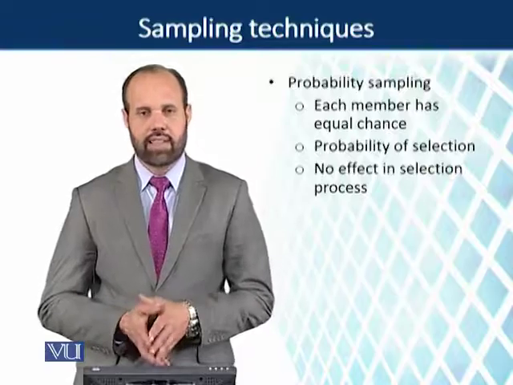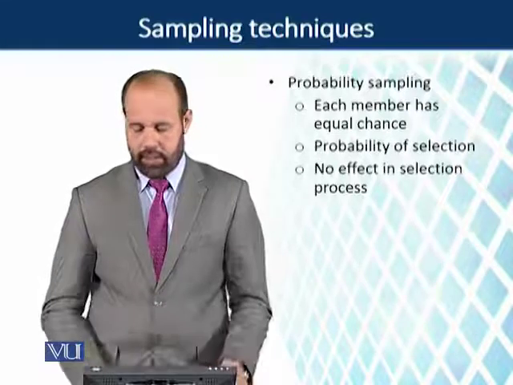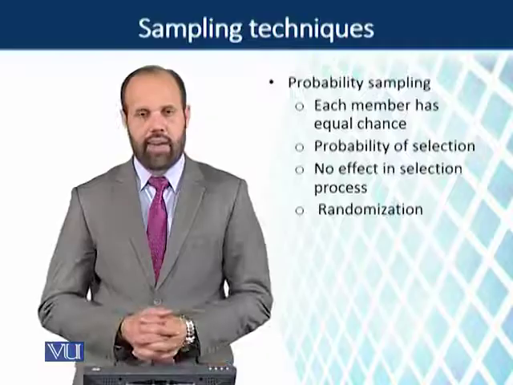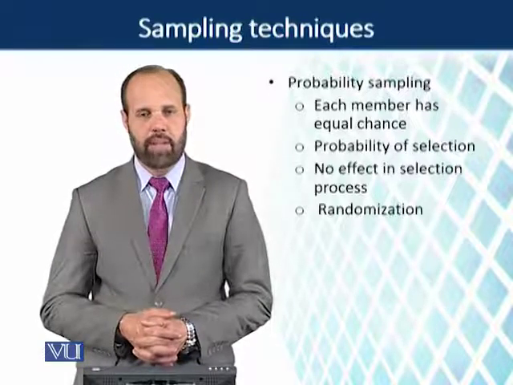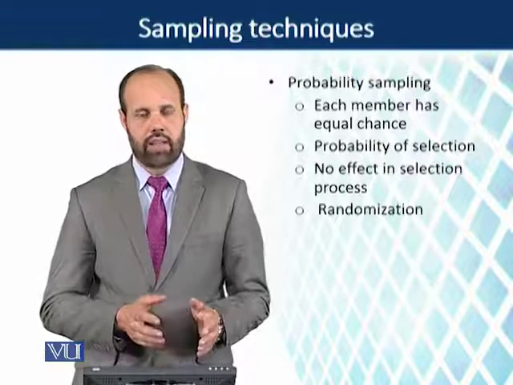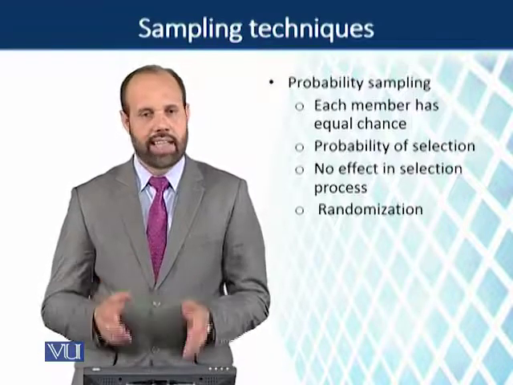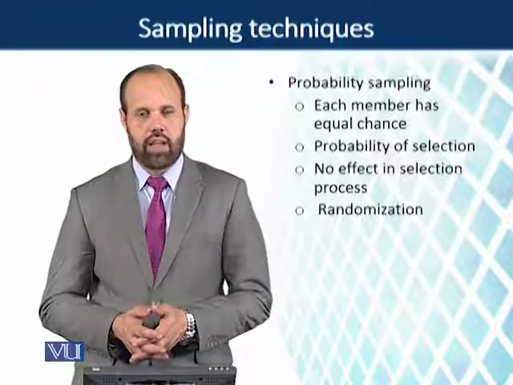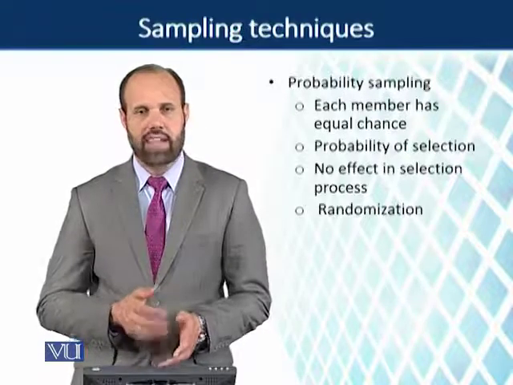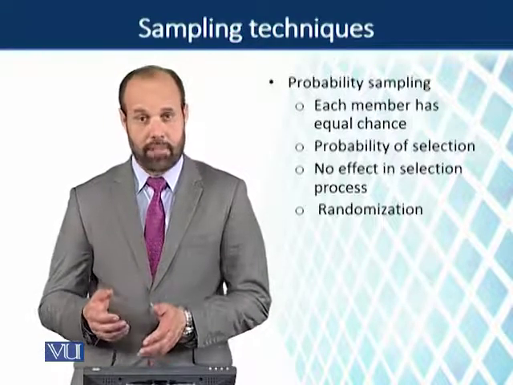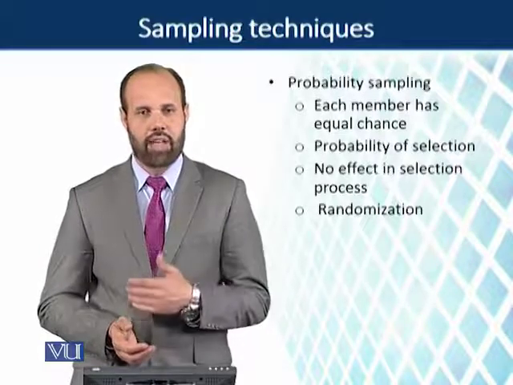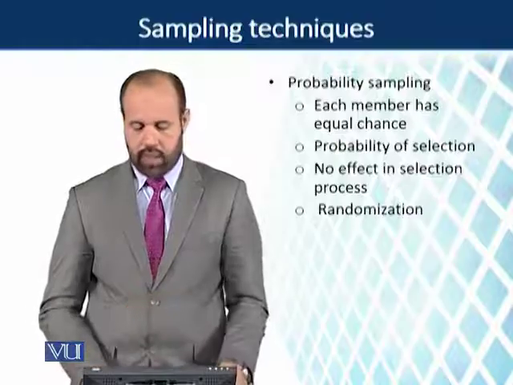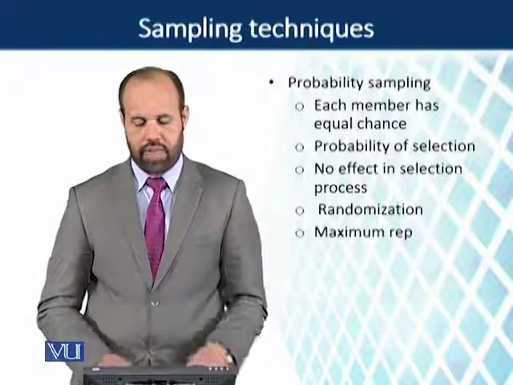So there is no effect on the selection process for samples. And then randomization is a feature of probability sampling, when various randomization techniques are used, right? Like random sampling, when the chances are maximized for equal opportunities among the samples.